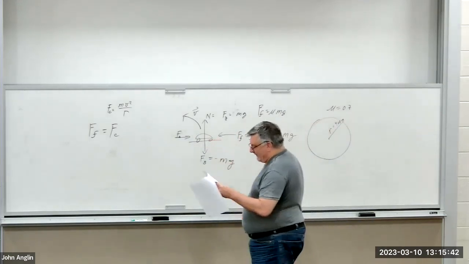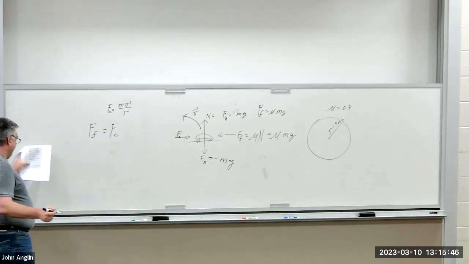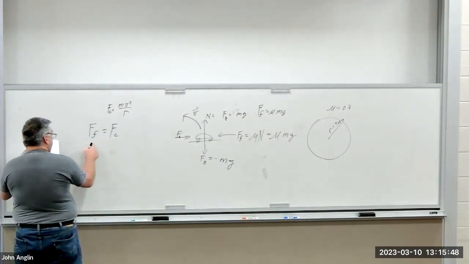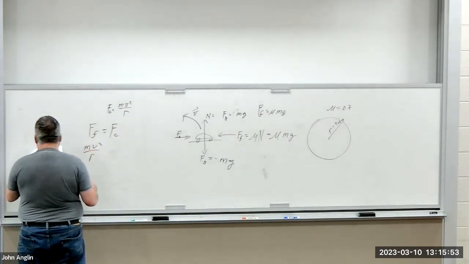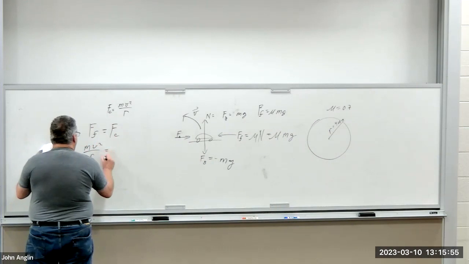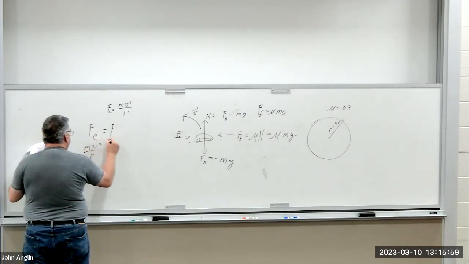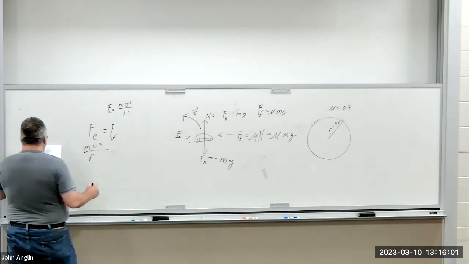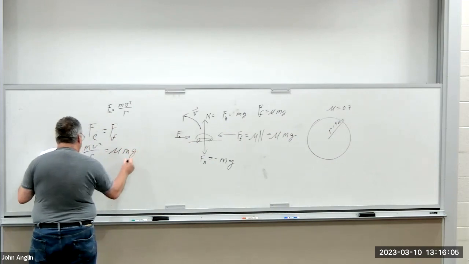Well, if we set these two equal to each other, what we're going to find, since centrifugal force is mv squared over r, this is backwards, but it doesn't really matter. The frictional force is mu mg.